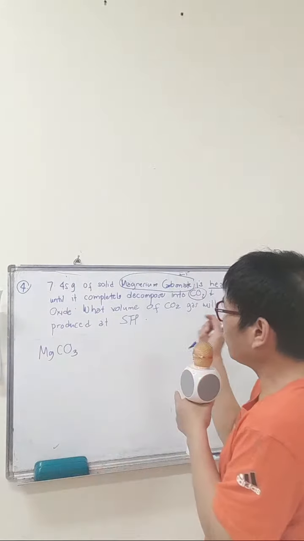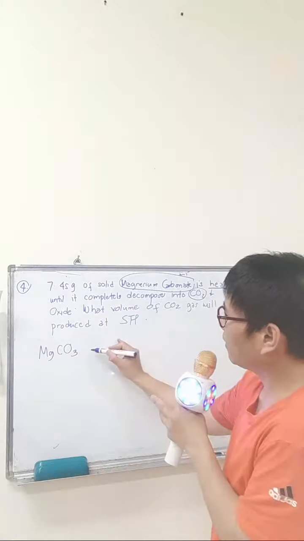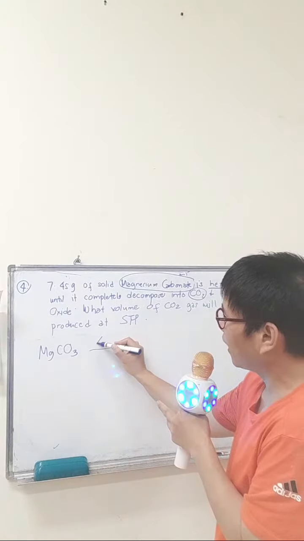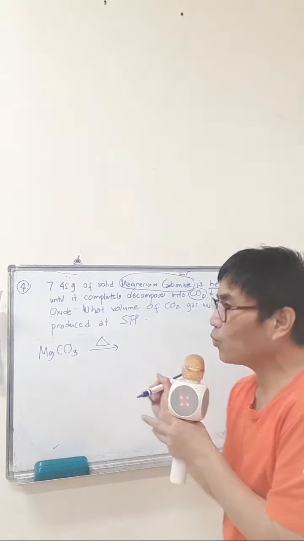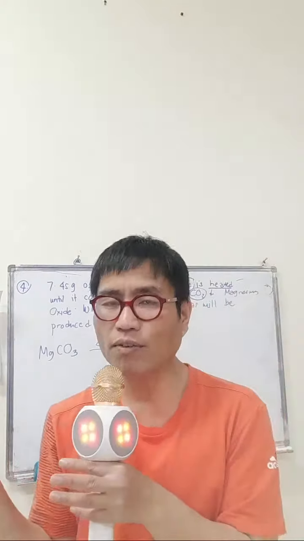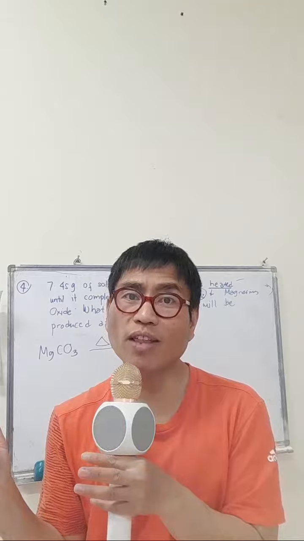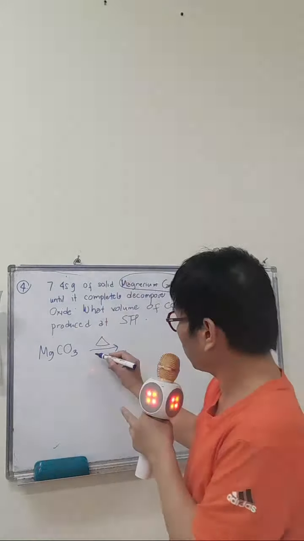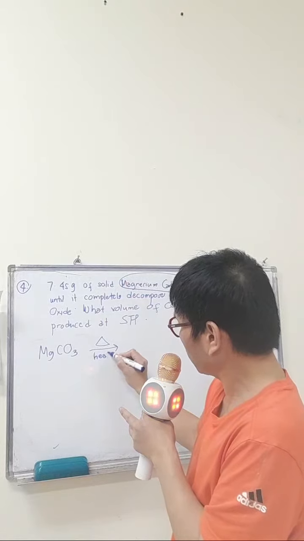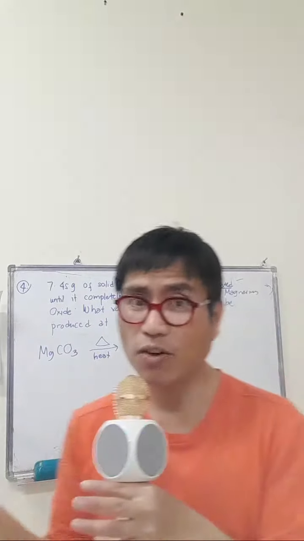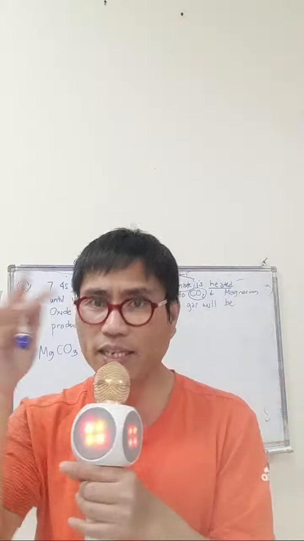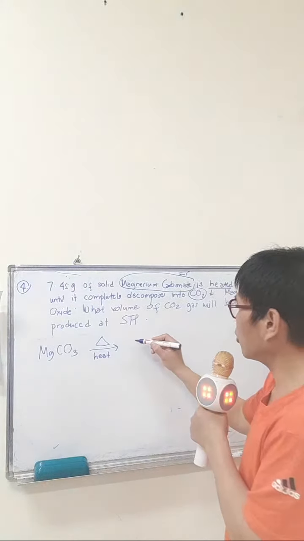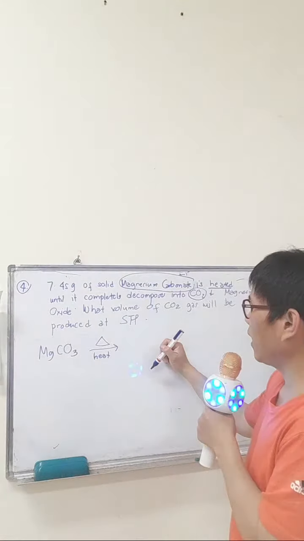So magnesium carbonate is heated. The sign in chemistry will be an arrow going to the right, with a small triangle that represents the symbol of heat, and we call that delta. So heat, like that. If there's heat, there's oxygen, rapid oxidation within the heat. Then it will produce magnesium oxide and CO2.